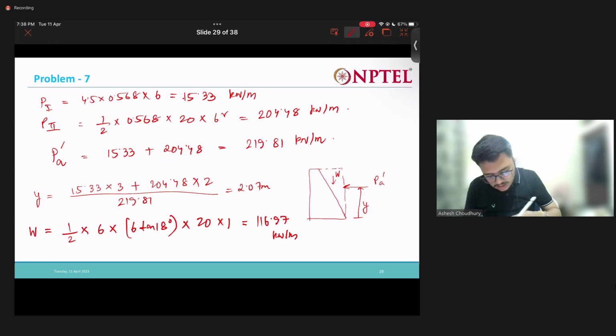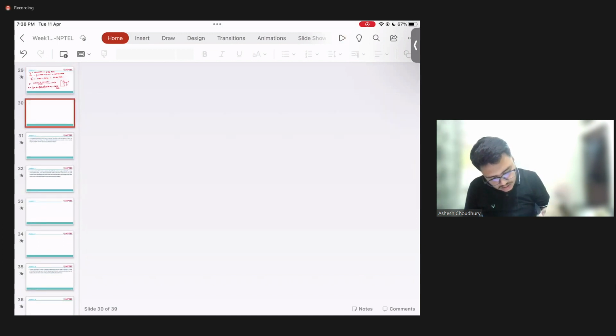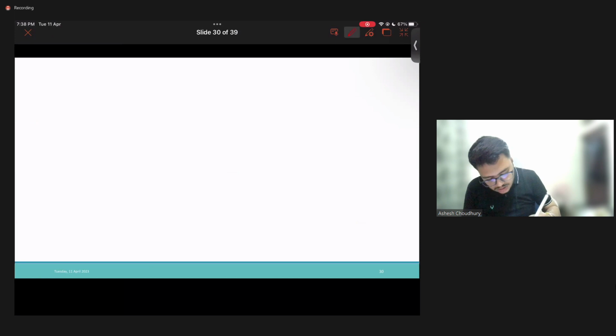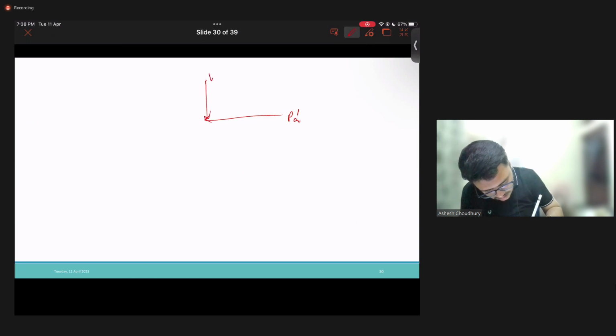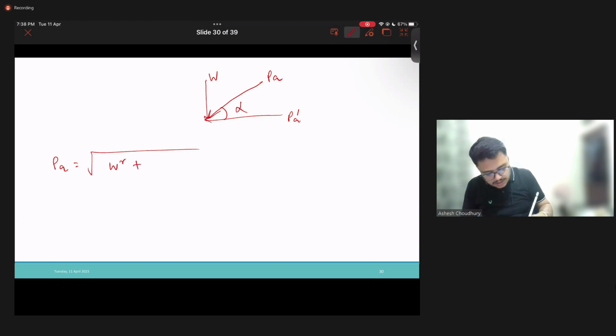So this is PA dash, this is my W. This PA is acting here at angle alpha. So PA is nothing but root over W square plus PA dash square. Please calculate this.